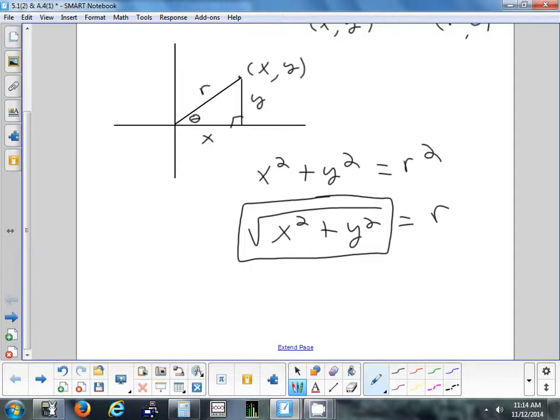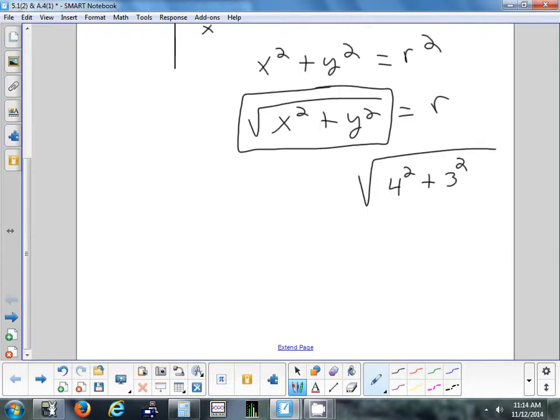When you take the square root of a sum, can I cancel the square roots on those x's and y's, or cancel out those exponents? Well, let's try it. If we took 4 squared plus 3 squared, let's do the order of operations. 4 squared is 16, 3 squared is 9, 16 plus 9 is 25, and the square root gives me 5.